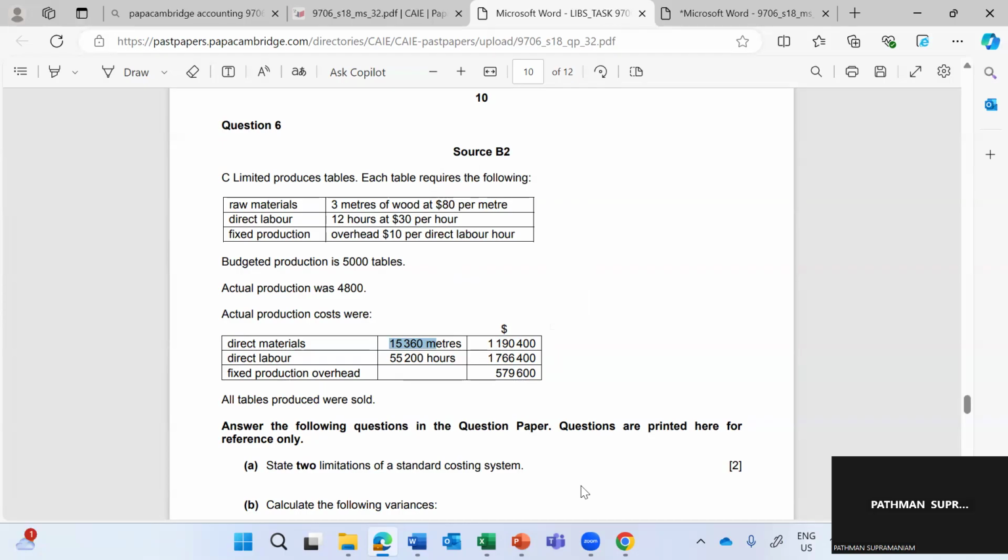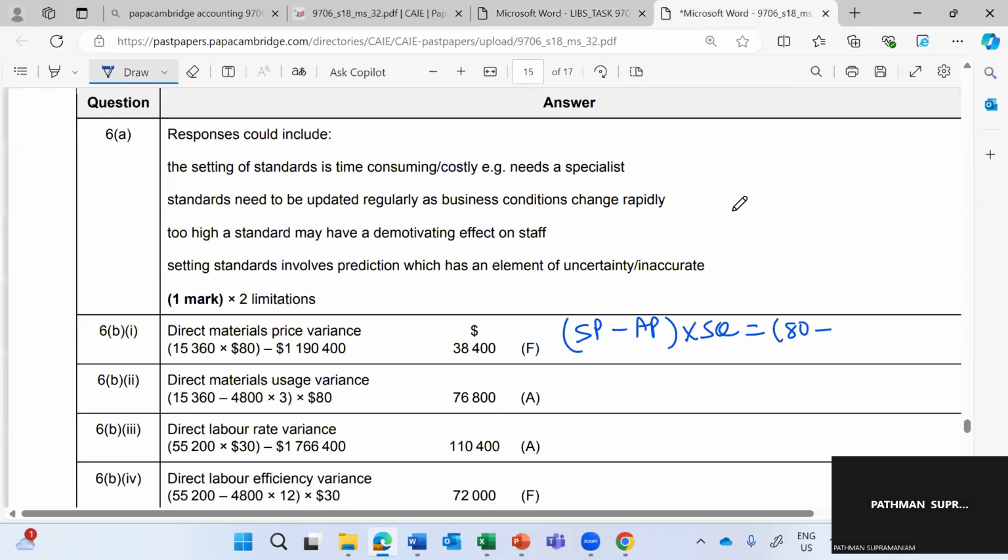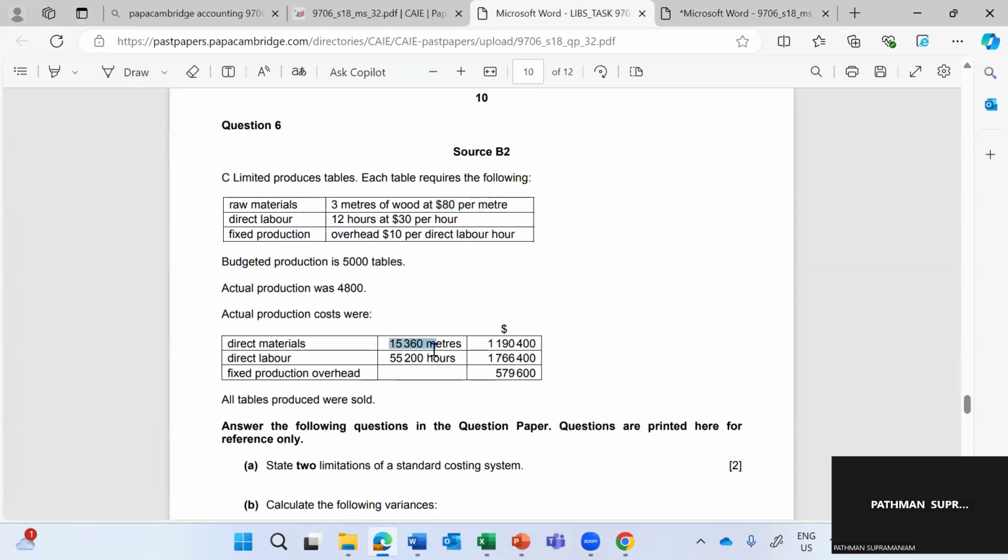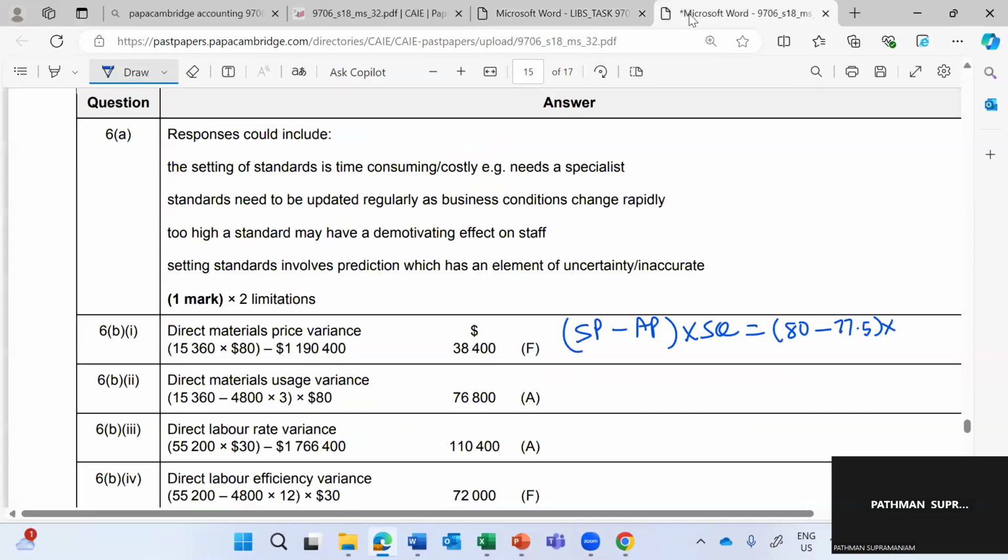1,190,400 divide 15,360, which is $77.50. So then we multiply actual materials purchased, right? In this case, all tables produced were sold. That means we purchased this much and we also used this much. So times 15,360.